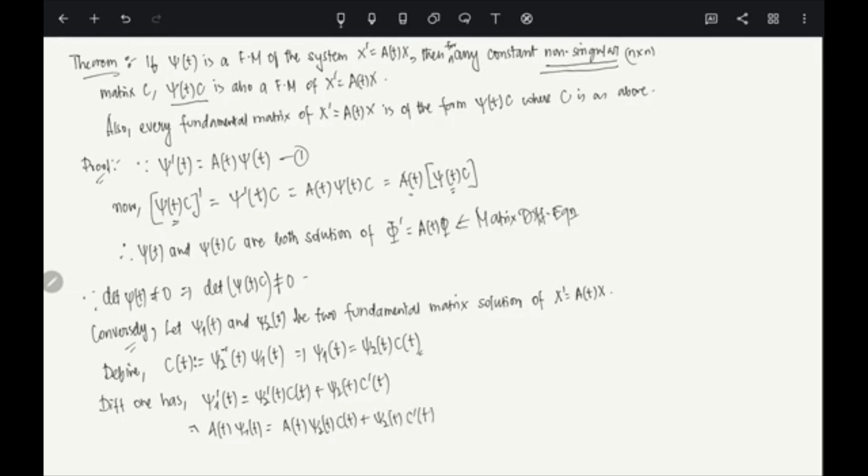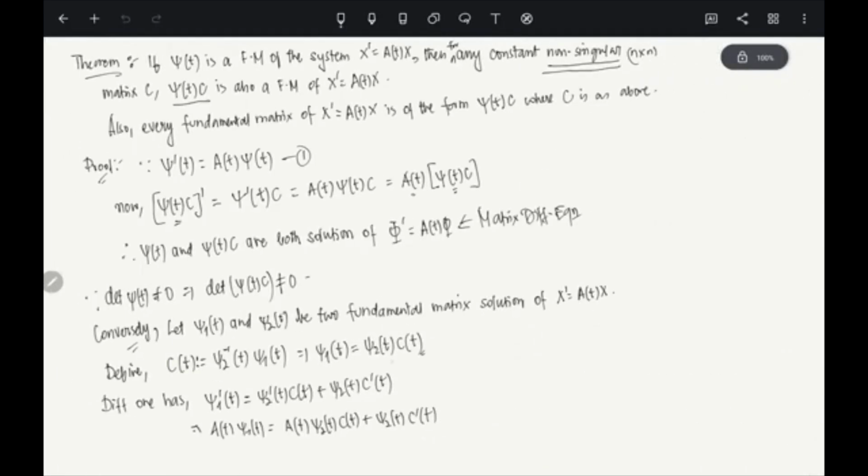Now, phi 1 prime of t is A of t times phi 1 of t, and phi 2 prime of t is A of t times phi 2 of t. Now phi 1 is phi 2 times C of t, so this part and this part we can just cancel out, taking one matrix to the other side, which gives 0.